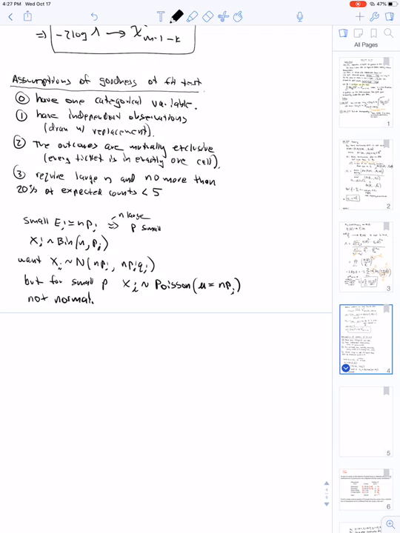And we require large n and no more than 20% of expected counts less than 5. That is because if we have small expected counts and a large n, then our p is likely small, and if p is small, then xi, which is binomial(n, pi), will not be approximately normal. It will actually be Poisson, so it will be skewed, and we need it to be normal because chi-squared is a normal theory.